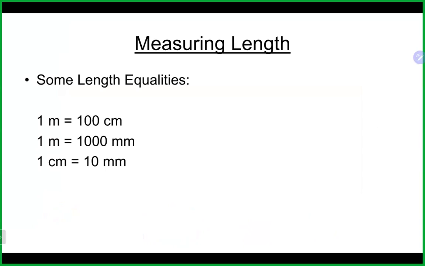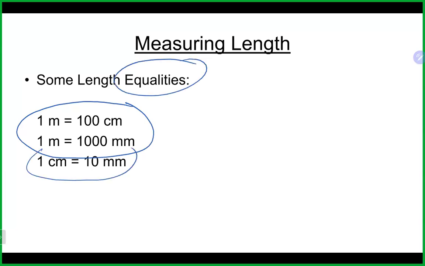So we talked about some length equalities, and these again are ones that we do come across, and you should know probably all of them that are here actually. And what is an equality? An equality is basically 2 values that are on different scales, but they do represent basically the same amount of whatever it is.